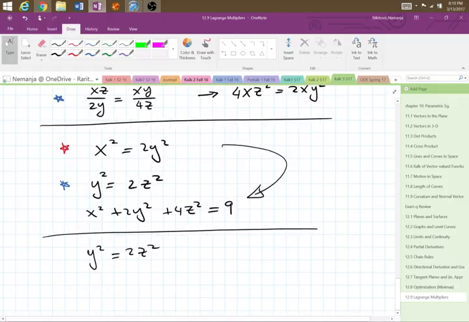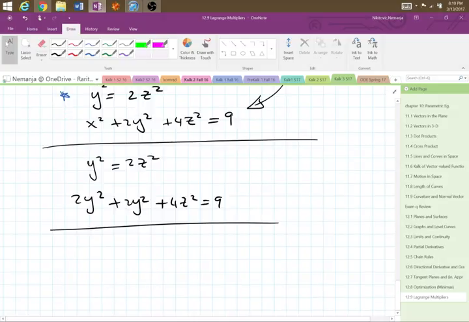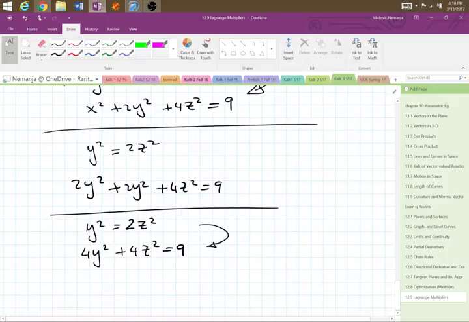This becomes 2y squared plus 2y squared plus 4z squared equals 9, which is actually 4y squared. So I'm going to copy the first one and get 4y squared plus 4z squared equals 9. And now that one plugs in.